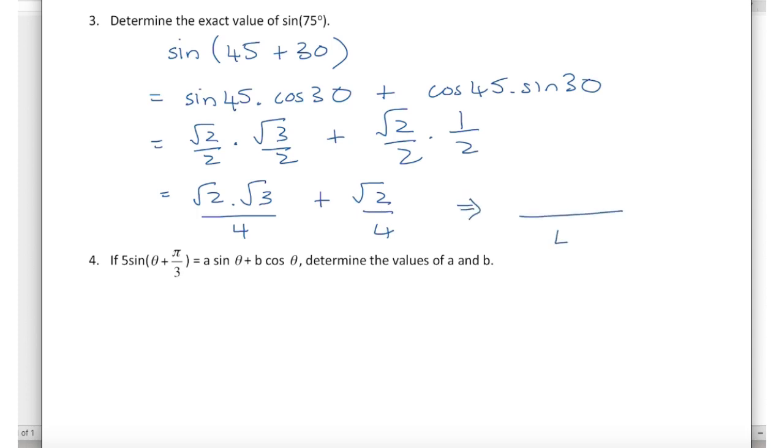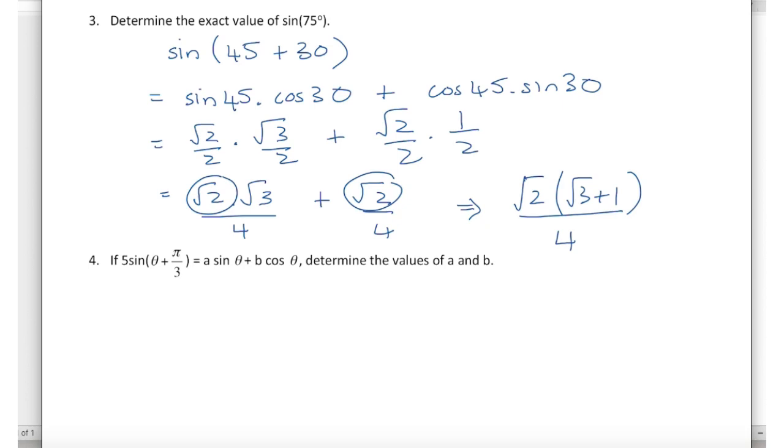I've got a common denominator, and I can even see they've got a common value. So I could say it's root 2 outside of root 3 plus 1 over 4. So this is where we use these identities to be able to express angles exactly in terms of sine, cos and tan when they're not true exact values that we know.